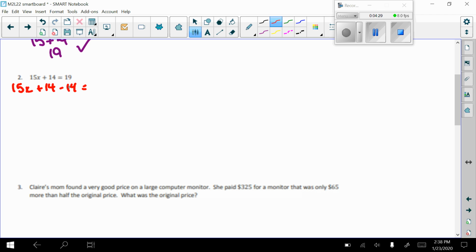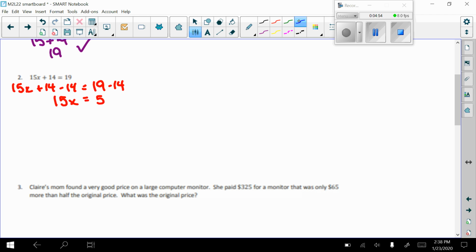And if I remove 14 on the left, I need to remove 14 on the right. So if I have 14 and I take away 14, that leaves me with 15x. We know when we combine like terms, 15x plus 0 is 15x. And on the right side, 19 minus 14 is 5.